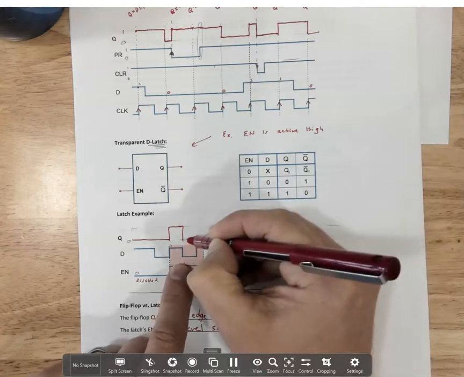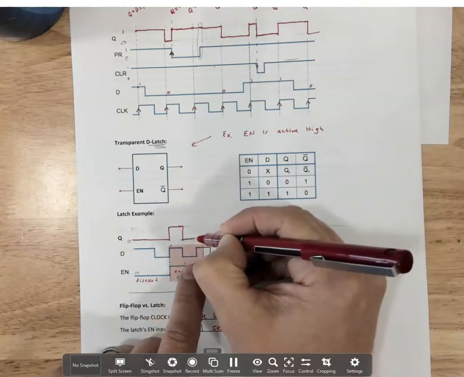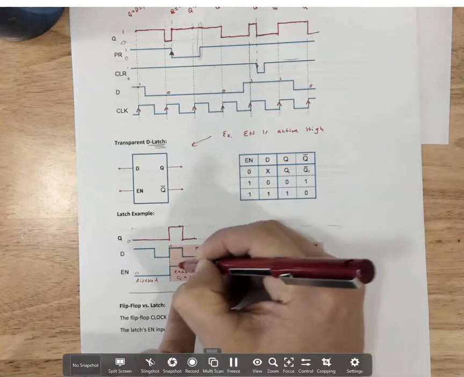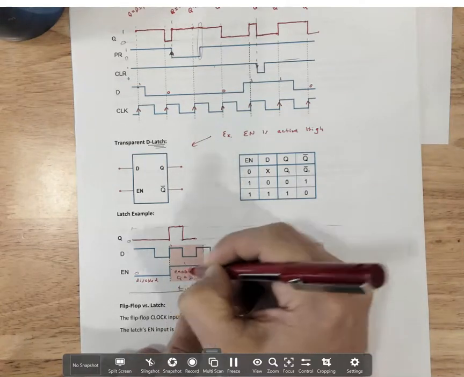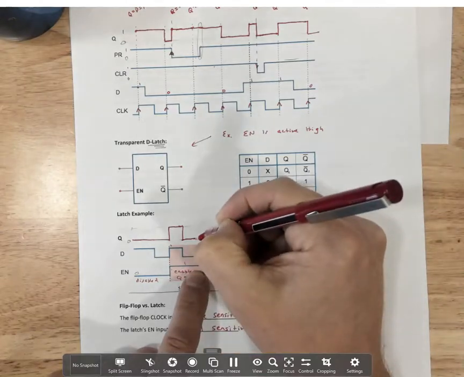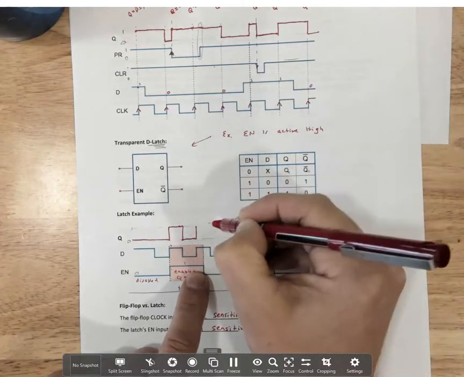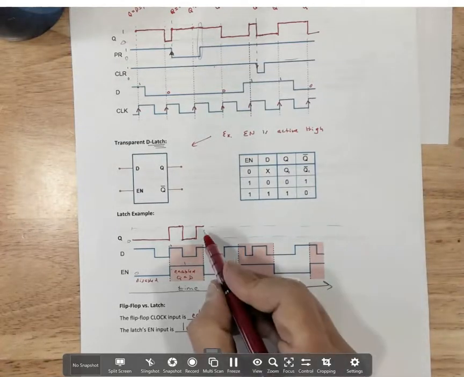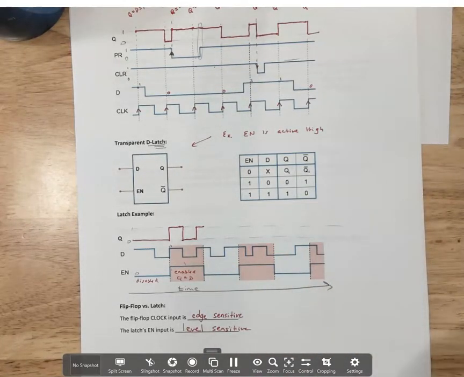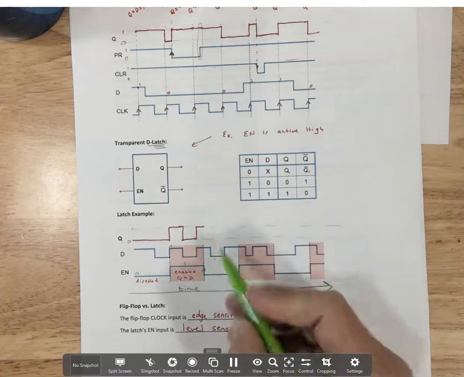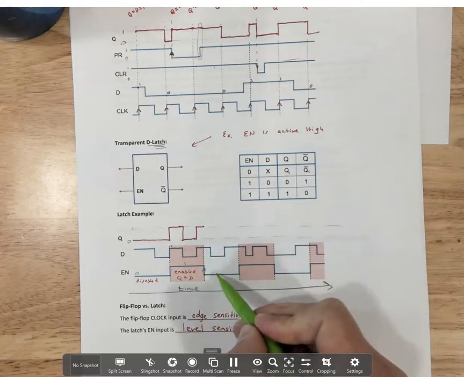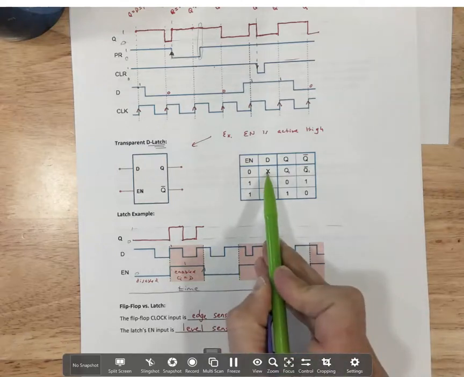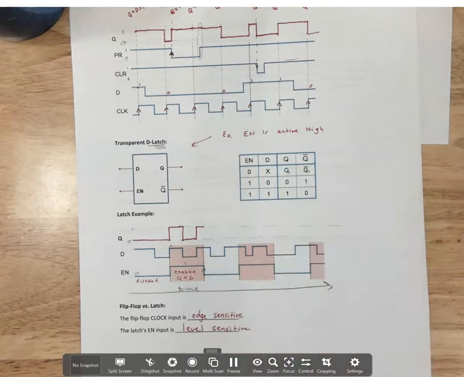Does that make sense? D is low, so Q is going to stay low until right here, and D went high, we're still enabled, the enable input is still at a 1, so we're going to follow D. And then at this point, something happens: the enable drops to 0. Once that happens, it doesn't matter what D is, Q wants to stay what it was.